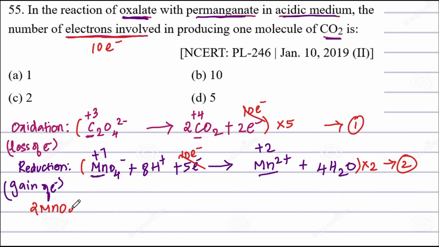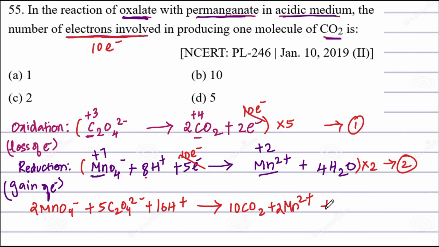2 MnO4 minus, then here you are having 5 C2O4 2 minus. So plus 5 C2O4 2 minus, then 8 into 2, 16H plus gives 5 into 2, 10 CO2 plus 2 into Mn2 plus. So 2 Mn2 plus, 4 into 2, 8 H2O.